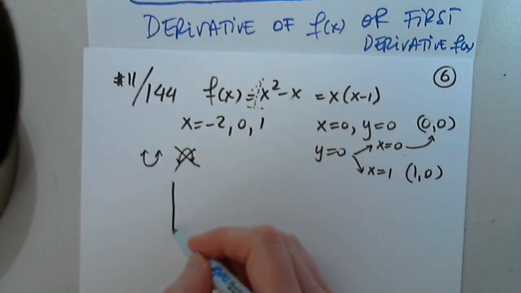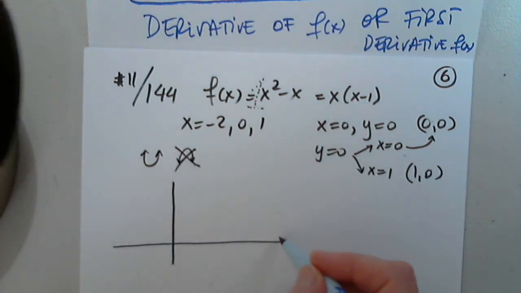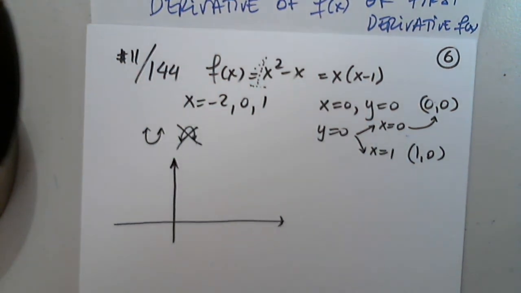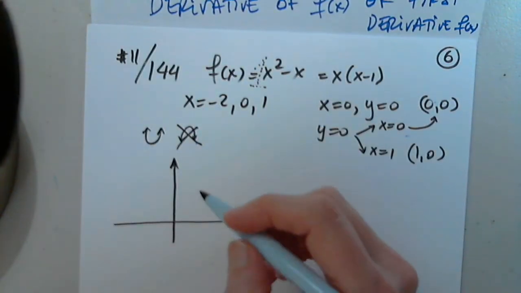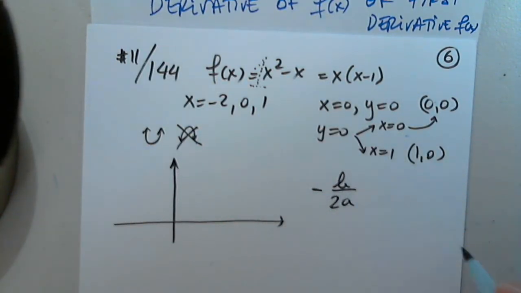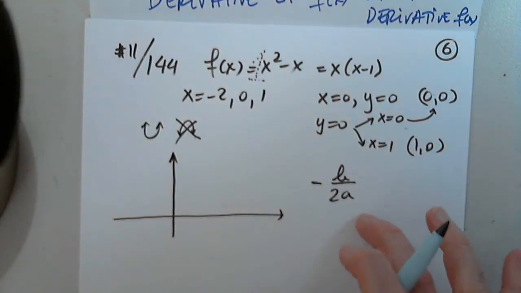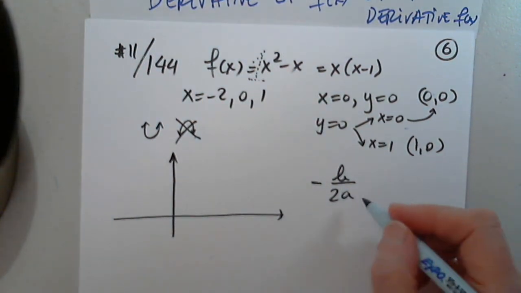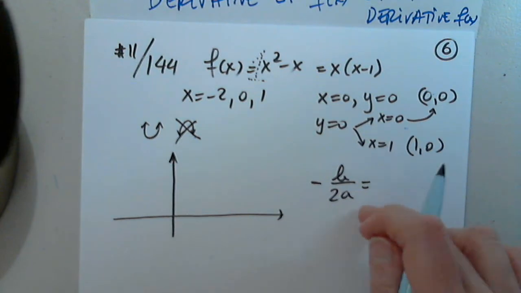I don't need to be super exact with the graph. I should find the vertex. The vertex must be right in the middle between 0 and 1, so it has to be at 1/2. Remember you used this for the previous homework. I was very pleased to see that, which is the definition of the vertex.